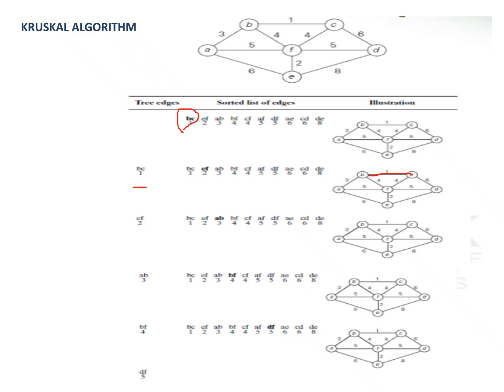Now B and C are the known vertices. Initially I didn't visit any of the vertices, now I have visited B and C. So now I am inspecting the remaining edges. I found that E and F is the smallest one, so I am going to include E and F. This is my E and F. Does including this particular edge form a cycle?